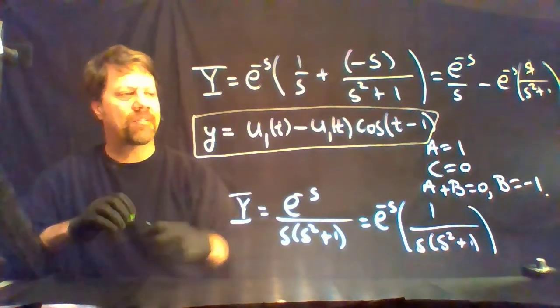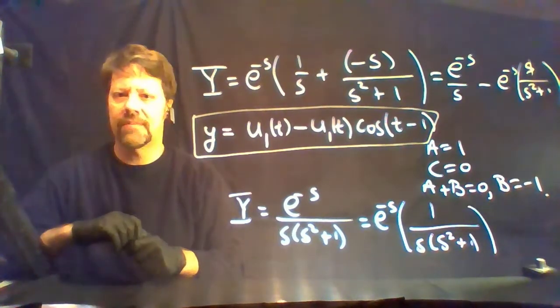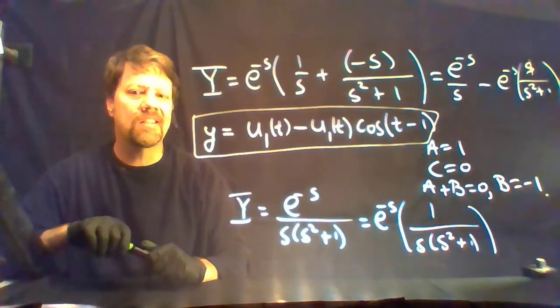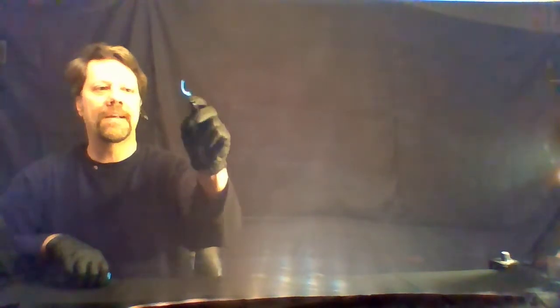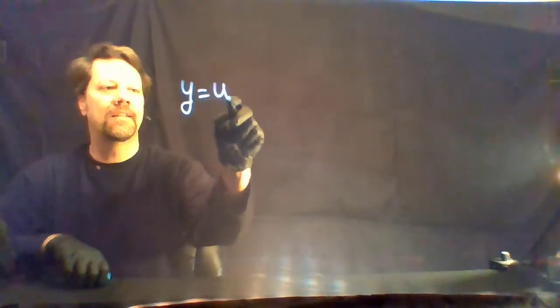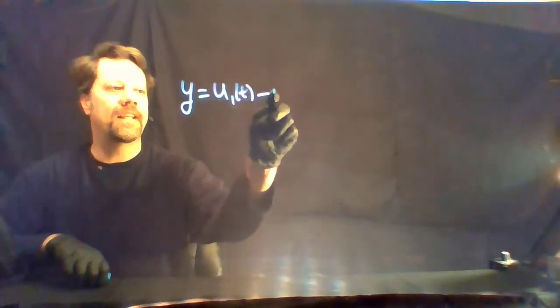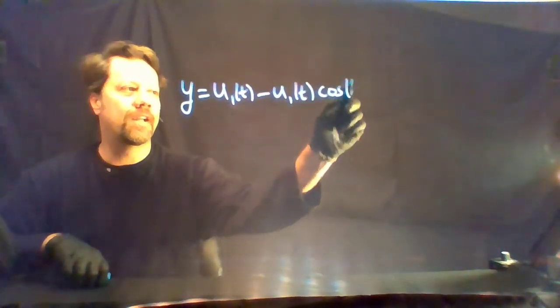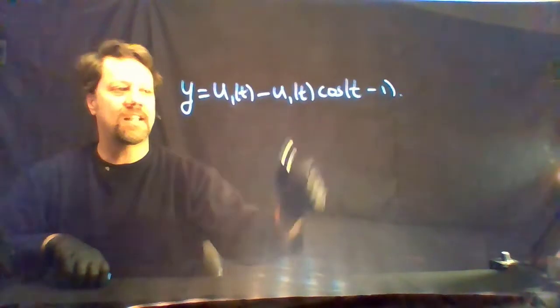I'd like to think about how this function looks. Is this function going to be discontinuous or is it going to be continuous? Let's evaluate. I'd like to think for a minute about this function y equals u_1 of t minus u_1 of t cosine of t minus 1.